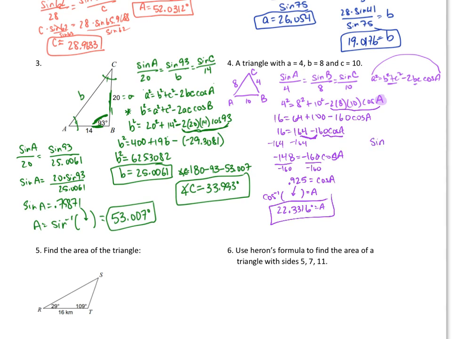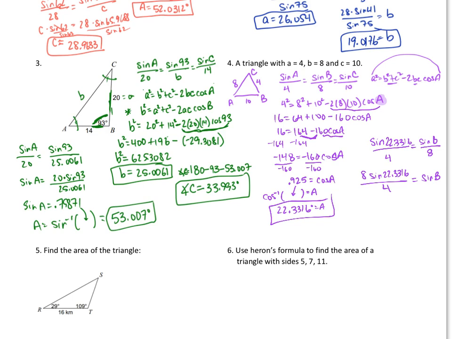So I know that the sine of 22.3316 over 4 equals the sine of B over 8. Cross multiply. You'll get 8 times the sine of 22.3316 over 4 equals the sine of B.